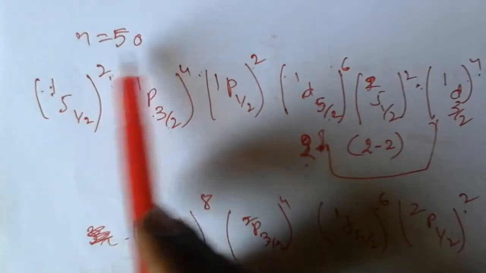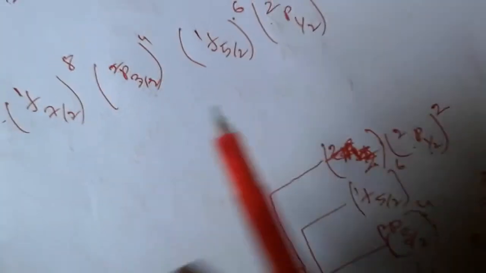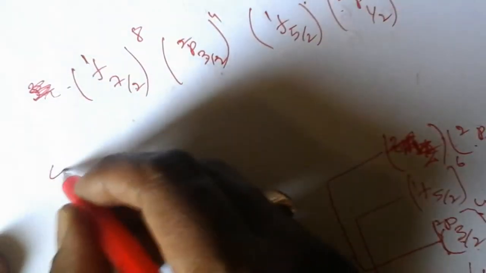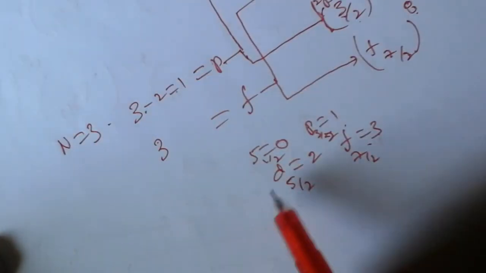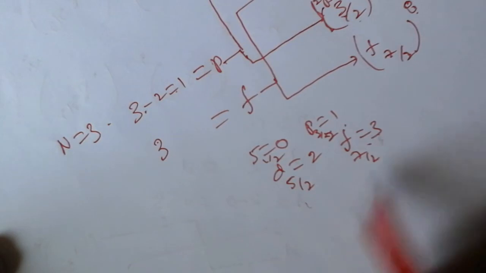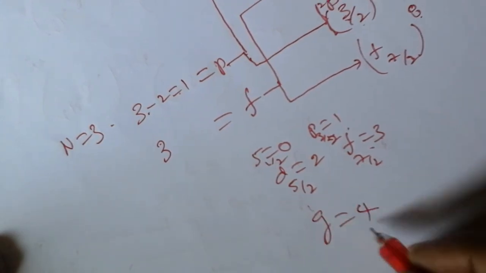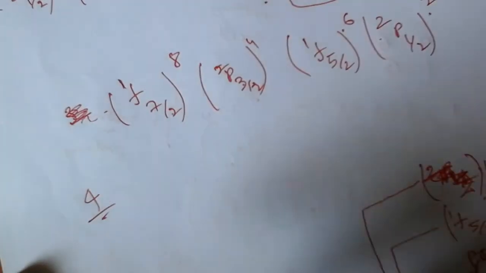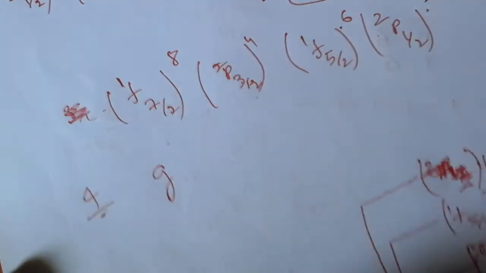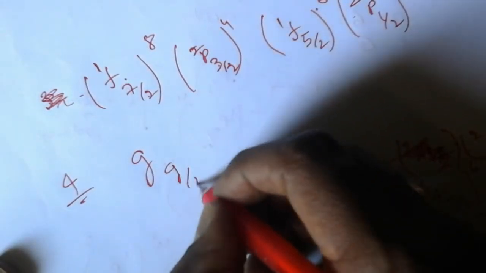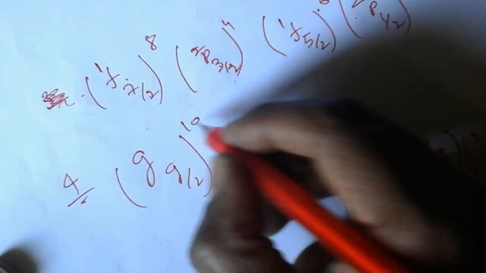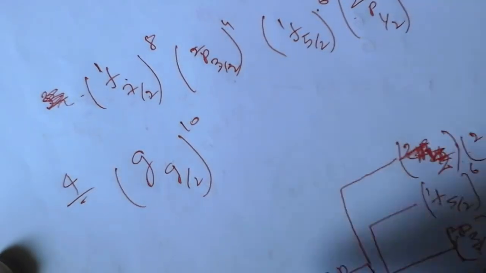But still it is not 50. So we require to take another orbit also, that is the fourth orbit. Means we have to go for f, g. g is equal to fourth. That we have to start here, g. So 7 by 2 is over. Now we will get 9 by 2 whole power of 10. Remaining I will tell you later.